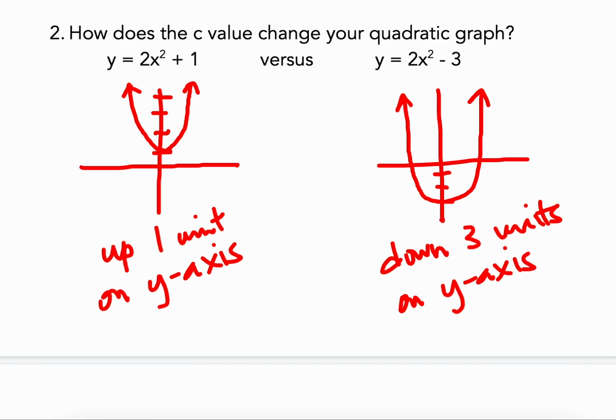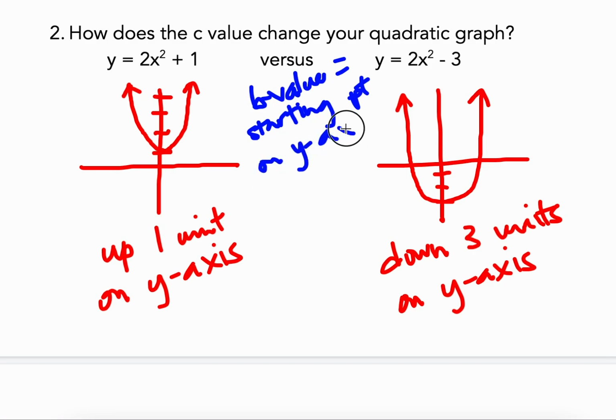Because previously we talked about how the b value in a linear equation was the starting point on the y-axis. And that b value was being added in at the end of a linear equation, right? Because it was y equals mx plus b.